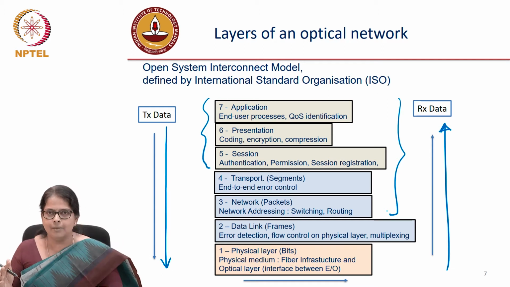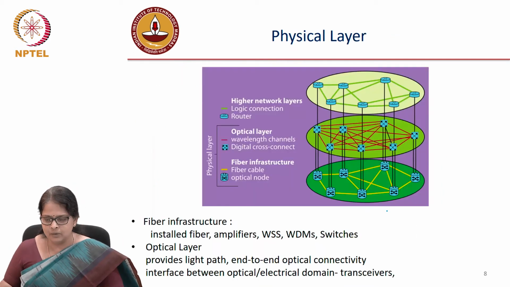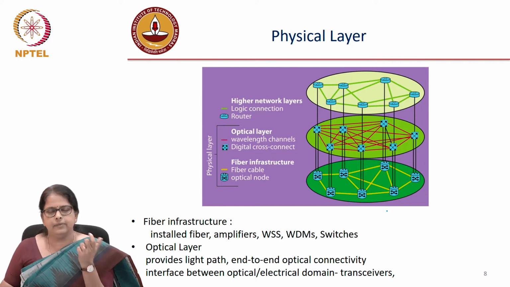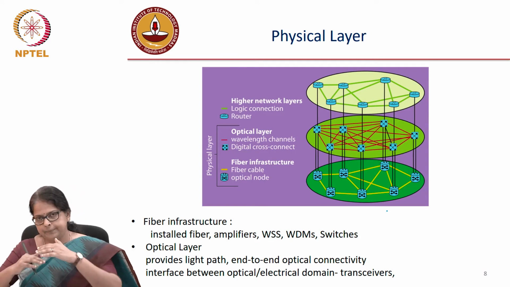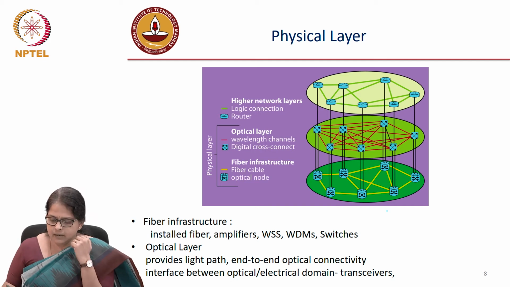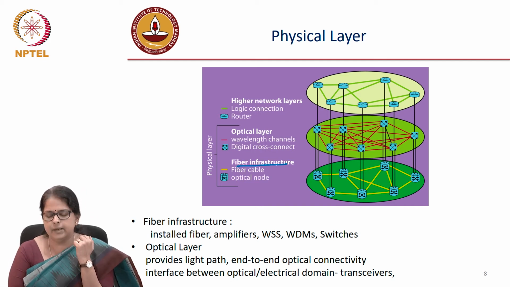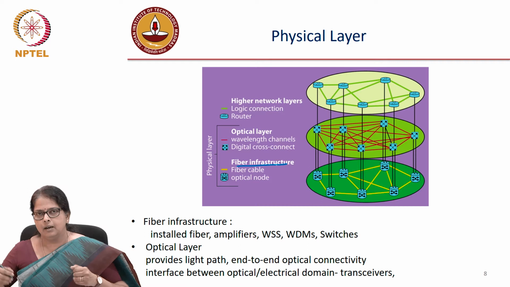Okay, let's talk about the physical layer now. In the case of an optical network, the physical layer has basically 2 parts. One lower layer is the fiber infrastructure, the actual fiber that is laid on the ground.